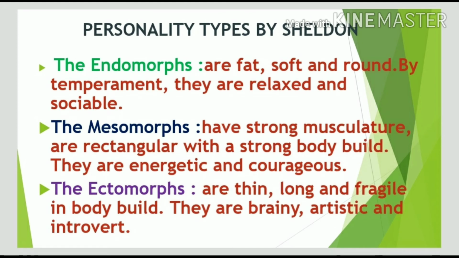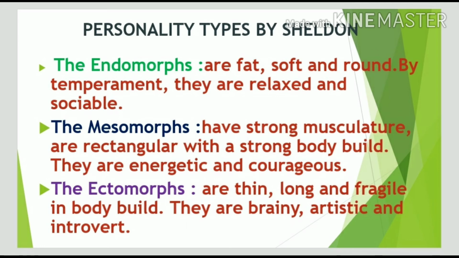Now the next personality types was given by William Sheldon, an American psychologist, and he divided the human personality into three categories on the basis of body type and temperament. The first type is the endomorphs. They are fat, soft, and round. And by temperament, they are relaxed and sociable. They are friendly, they are caring.